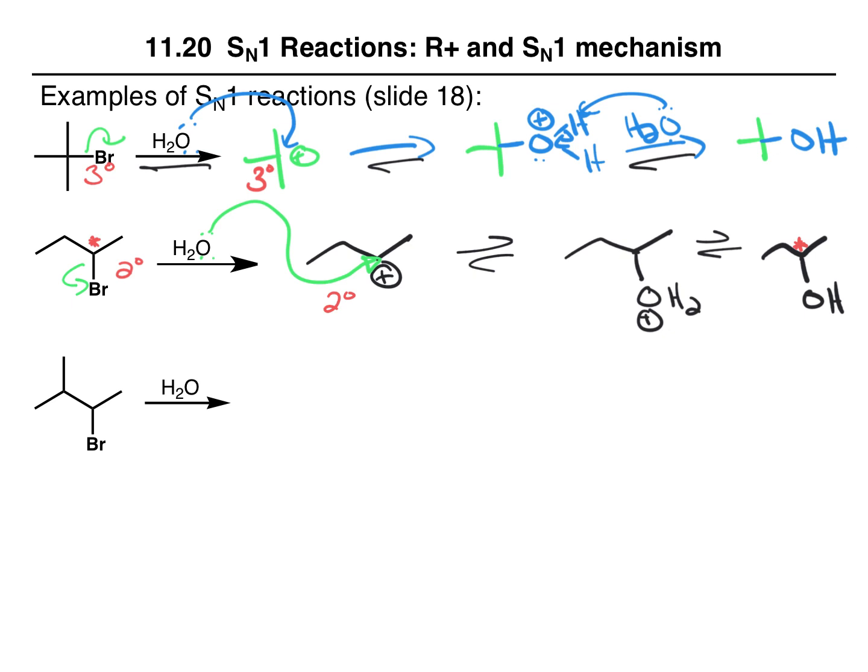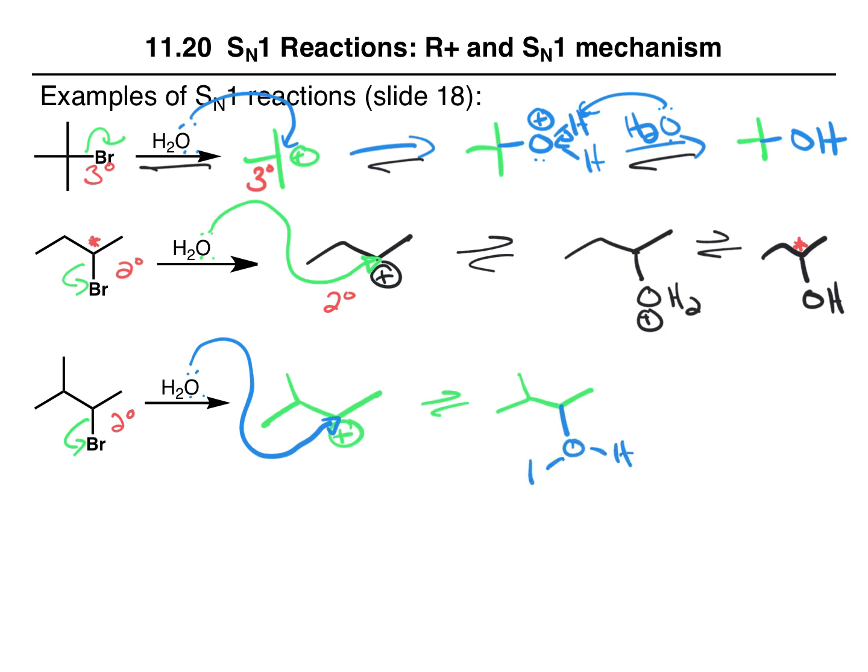Now, in our third example, this is another secondary alkyl halide, but a very weak nucleophile, so nothing happens until the leaving group leaves. That is going to give us some of this secondary carbocation. From here, water can add to this carbon, which will give us, sorry, I usually try to do my color coding, but I'm all over the place.